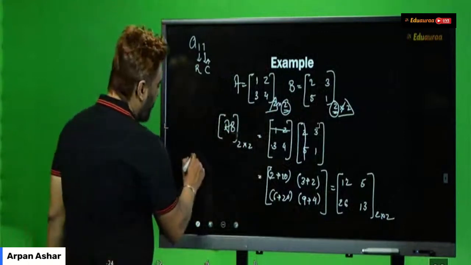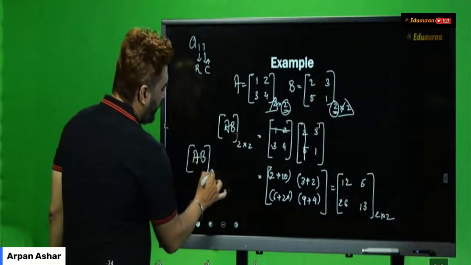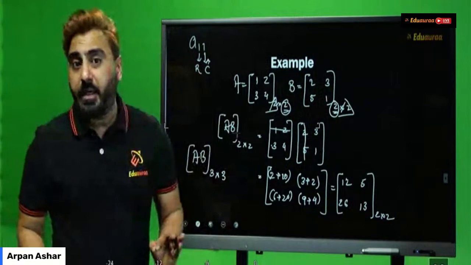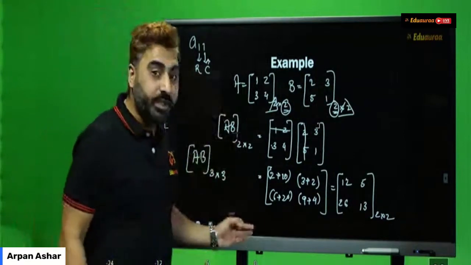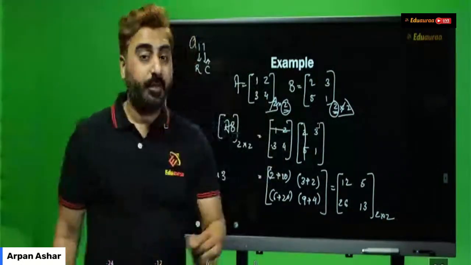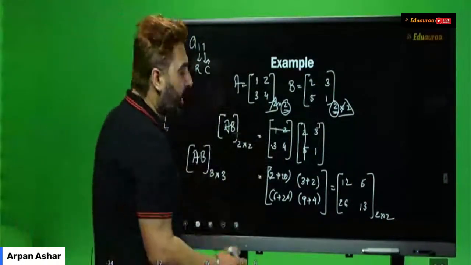So for example if I say AB is of order 3/3, that means कितने एलिमेंट्स फाइंड करना है? 9 एलिमेंट्स. कौन से 9? 1 1, 1 2, 1 3, 2 1, 2 2, 2 3, 3 1, 3 2, 3 3. And how to multiply?